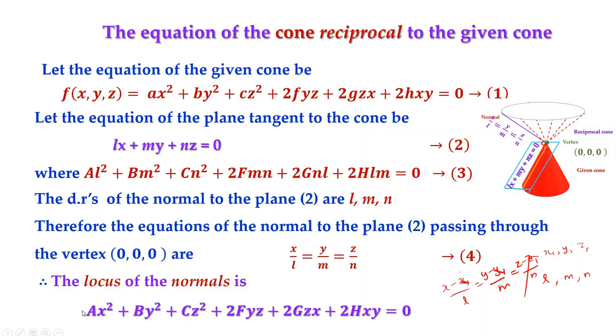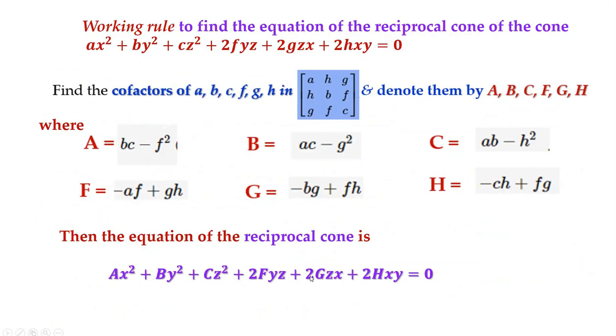So you get the locus of the normals to be this one, and if you compare these two, they are representing cones only, and this is reciprocal to the given cone. Why? Because this is generated by the generator which is perpendicular to the given cone. So that is the equation of the reciprocal cone.